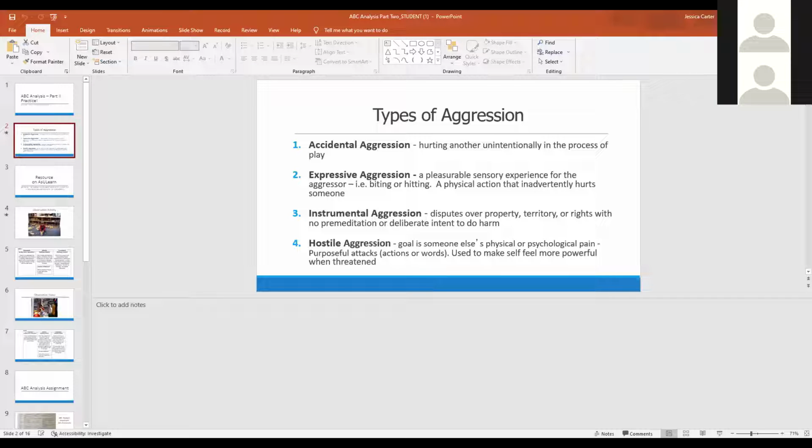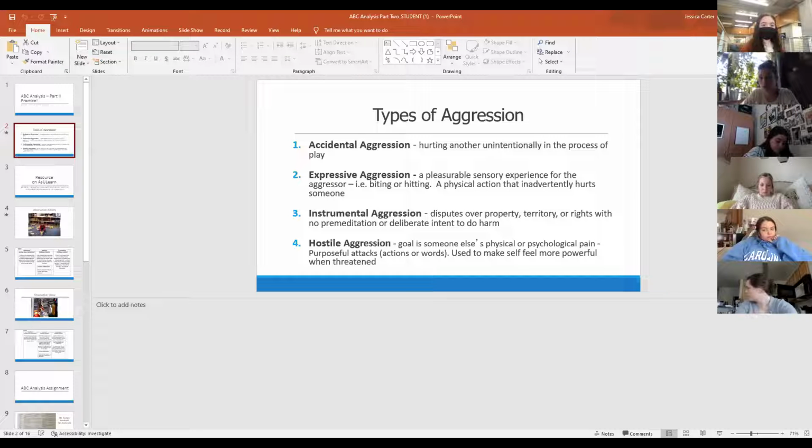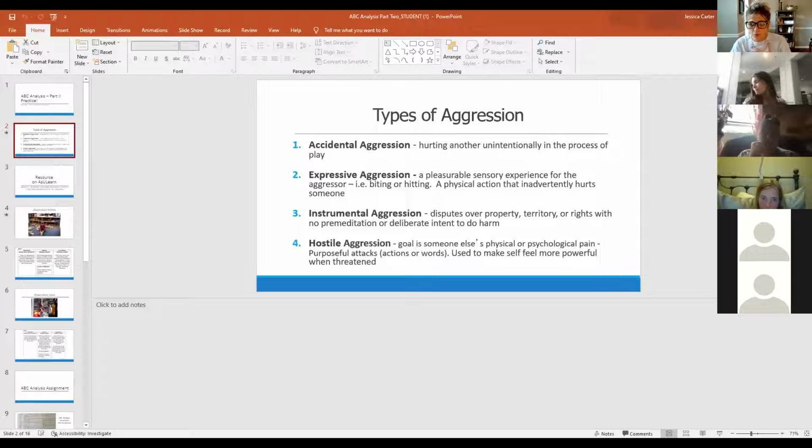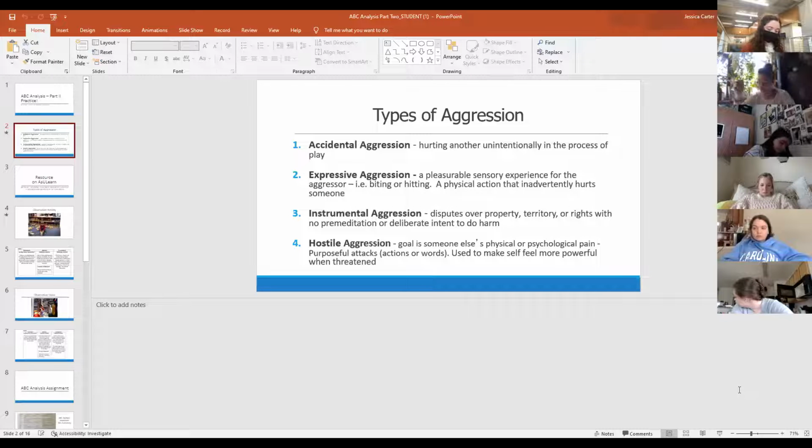And oftentimes, even as an adult, when I'm moving my body through space, I may crash into people or things. And so we are not going to address that in quite the same way. But expressive aggression, acting out of our own needs and inflicting pain on another person, is still not okay. So we are going to guide the behavior, but it's certainly going to change the nuances of how we address the behavior.